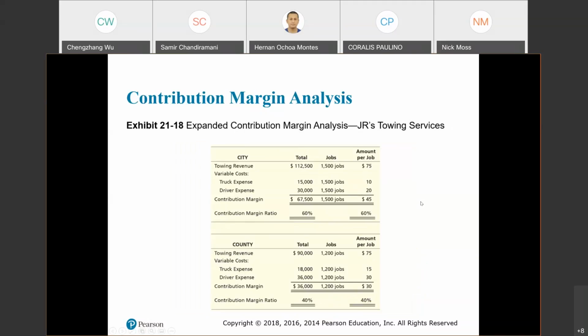To explain why these two business segments have different contribution margin ratios, let's take the total amounts and expand them into two components by dividing the totals by the number of jobs provided.